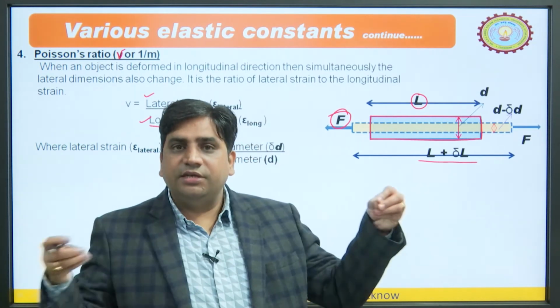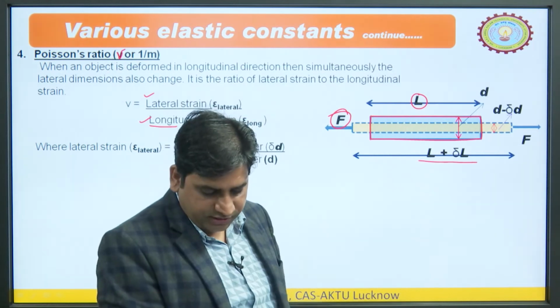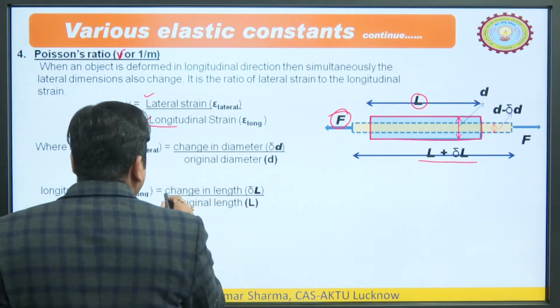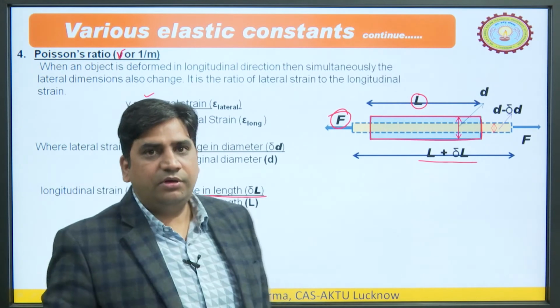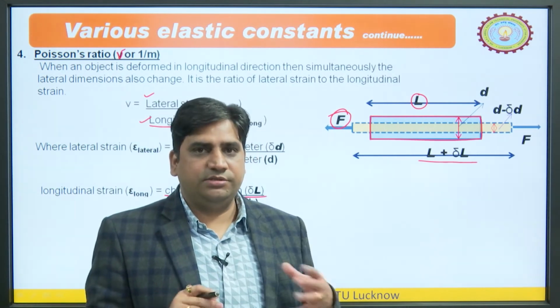Now, its length is increasing, so there must be another strain, known as the longitudinal strain. Longitudinal strain means change in length upon original length, so delta L upon L. These two types of strains are there simultaneously.